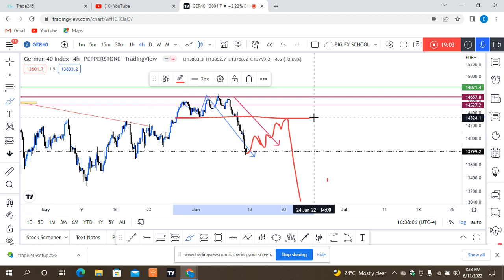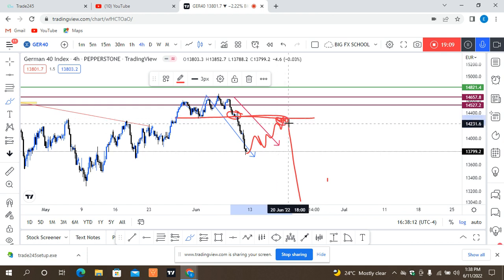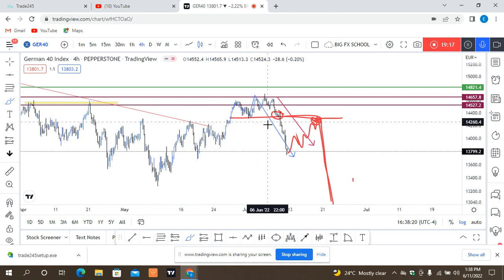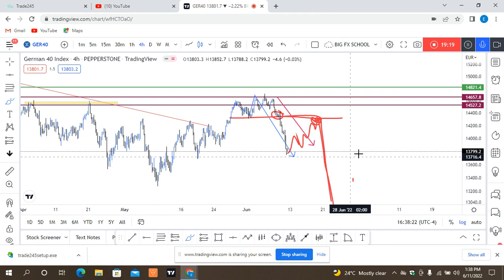So we may wait here at the break or at this order block before we take our setup of selling.